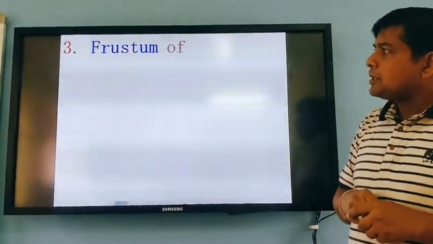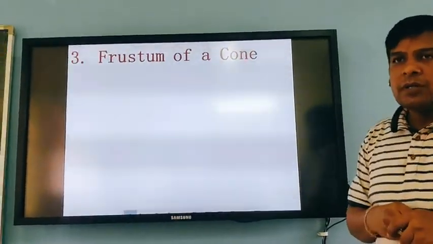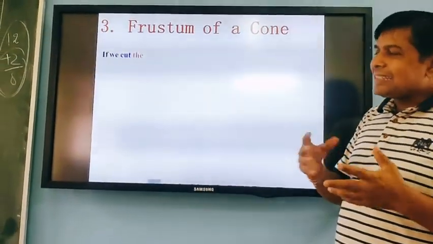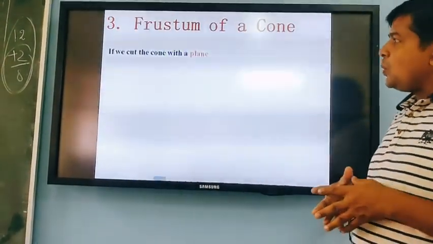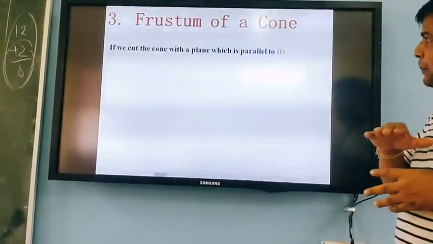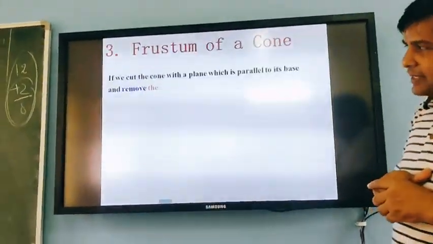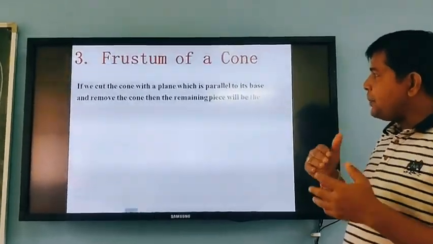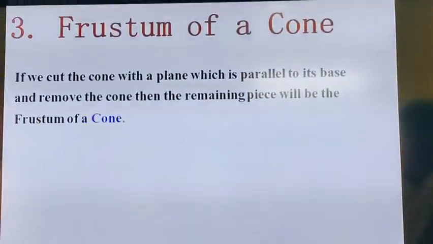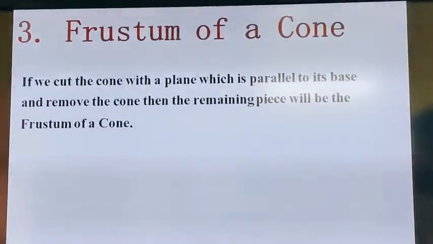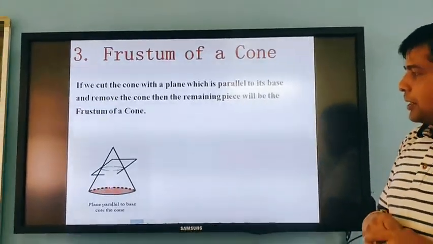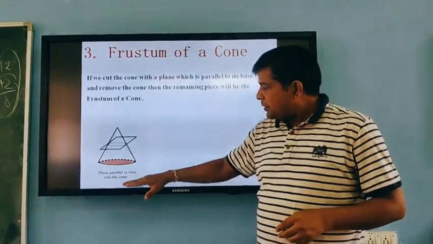Now, the third one is the frustum of a cone. Let us see what the frustum of a cone is. If we cut the cone with a plane which is parallel to its base and remove the top cone, the remaining piece will be the frustum of the cone. It will be clear after showing the diagram. This is the cone.